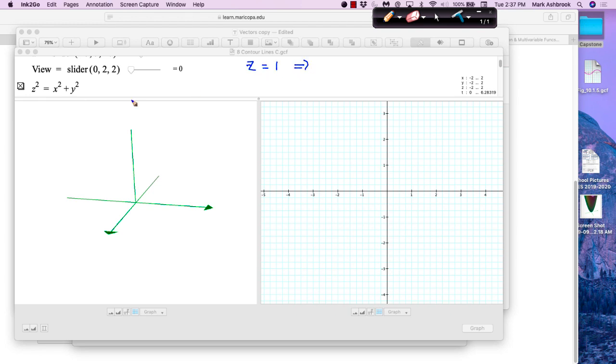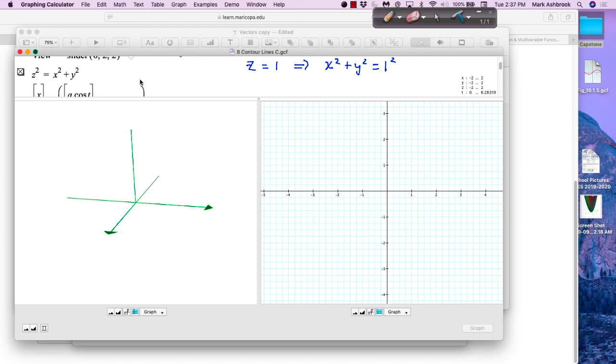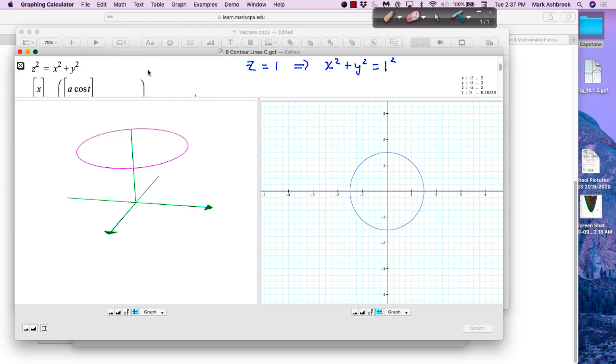Z equals 1 for this surface. I get the circle x squared plus y squared equals 1. Or I could write 1 squared if I wanted to. What is that? A circle, radius 1. All right, there we go.